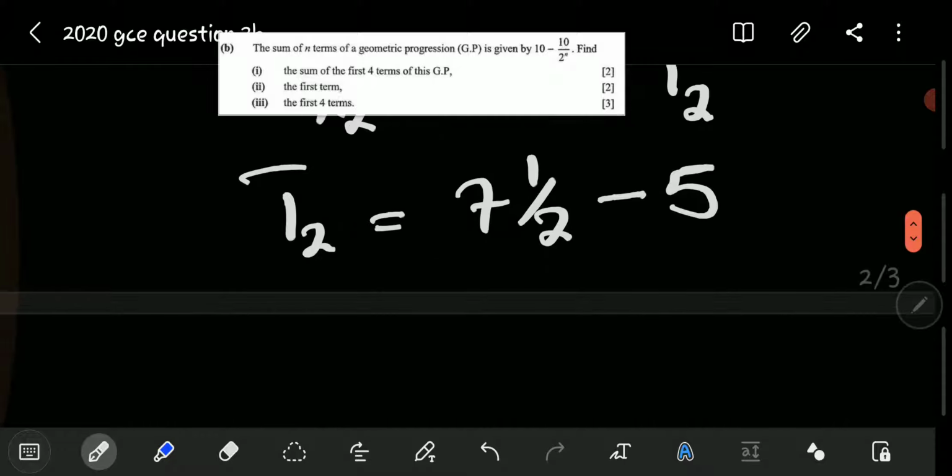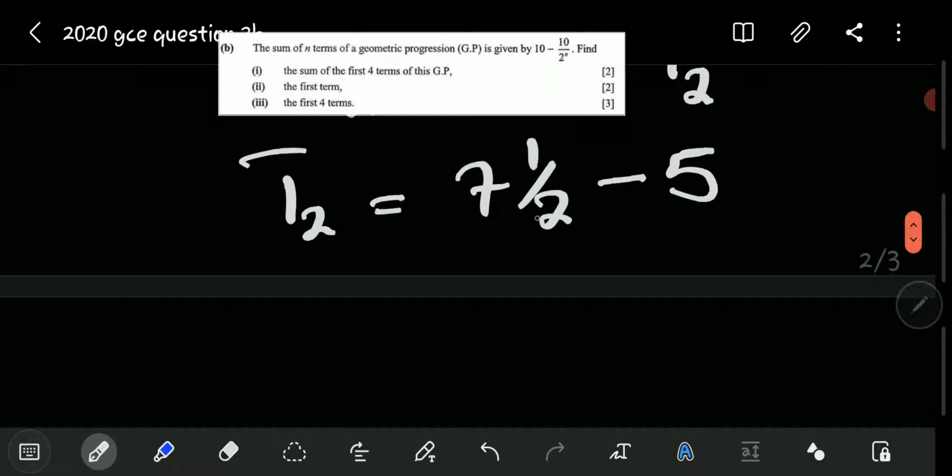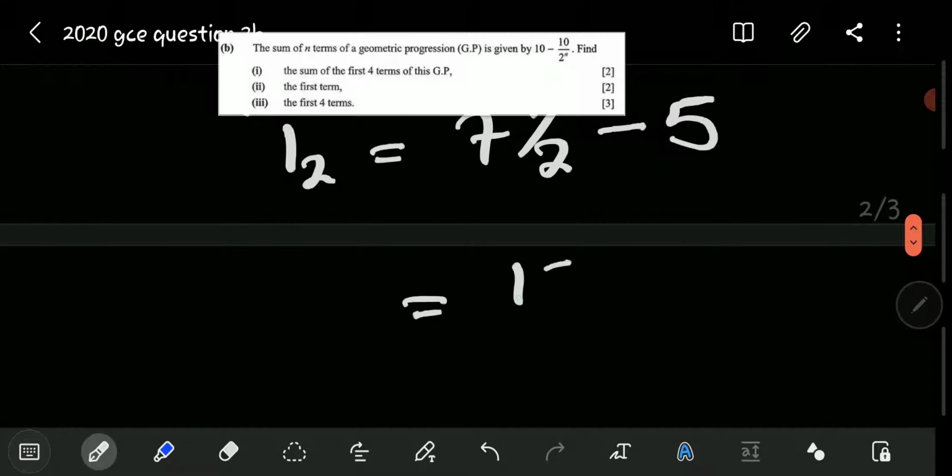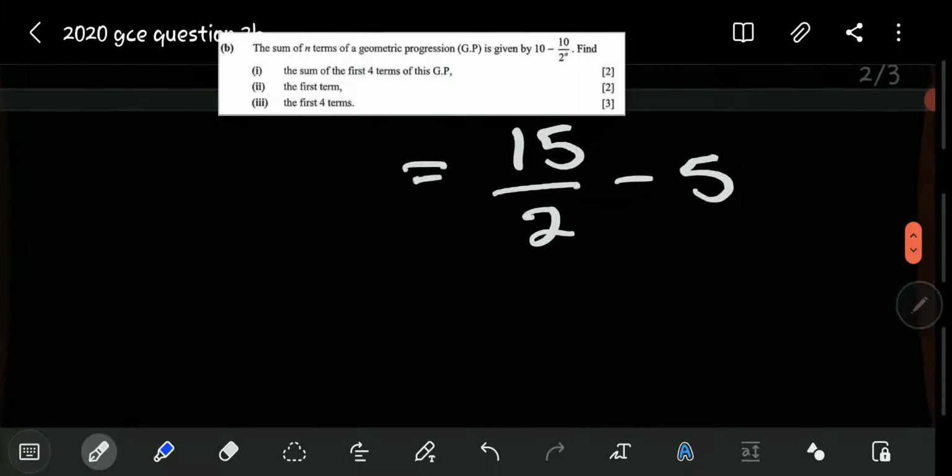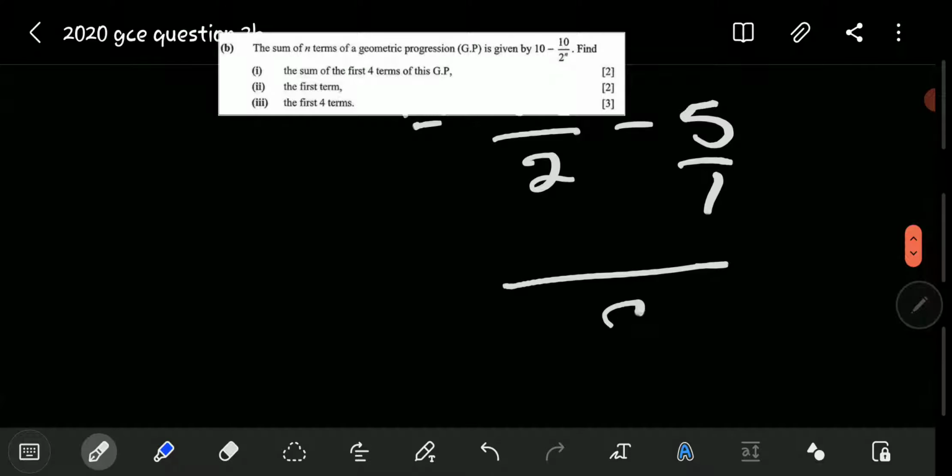Okay? So we know that 2 times 7 is 14, 14 plus 1 is 15. So we're going to have 15 over 2 minus 5. Again, 5 is 5 over 1. A common denominator is 2.